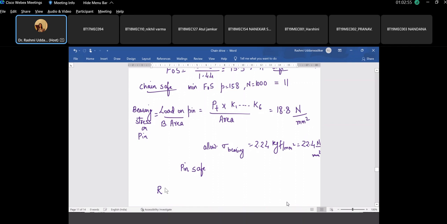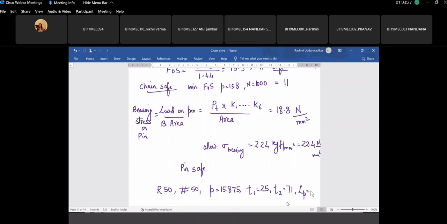So we have selected the R50 chain with pitch as 15.875, with the two sprockets, the smaller sprocket having 25 teeth and the larger sprocket having 71 teeth, and the length of the chain in terms of pitches.